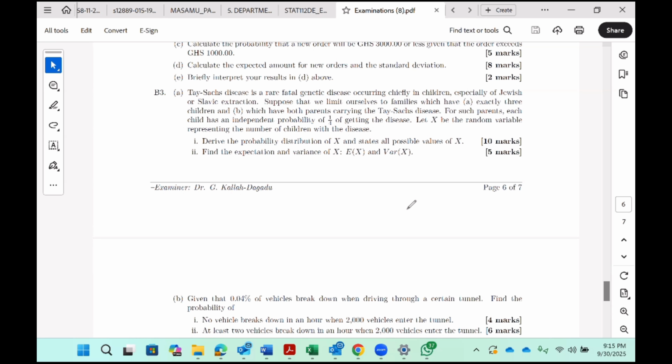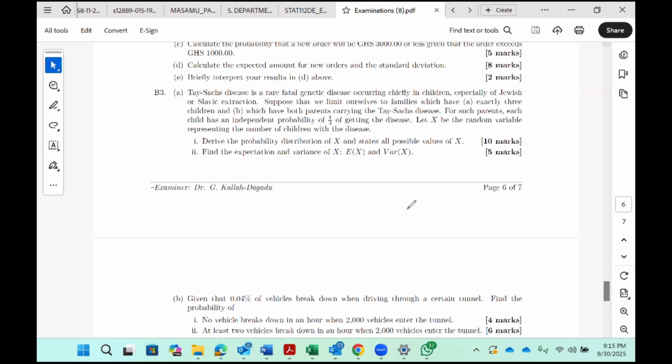Tay-Sachs disease is a real fatal genetic disease occurring chiefly in children, especially of Jewish or Slavic extraction. Suppose that we limit ourselves to families which have exactly 3 children, and which have both parents carrying the Tay-Sachs disease.